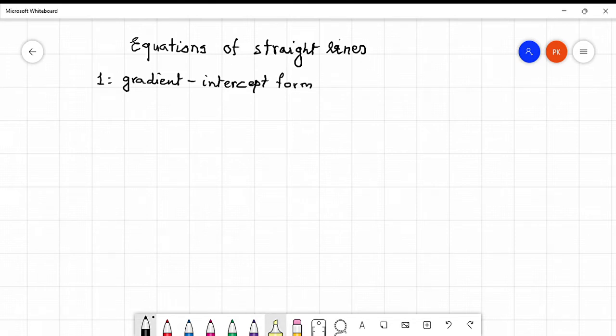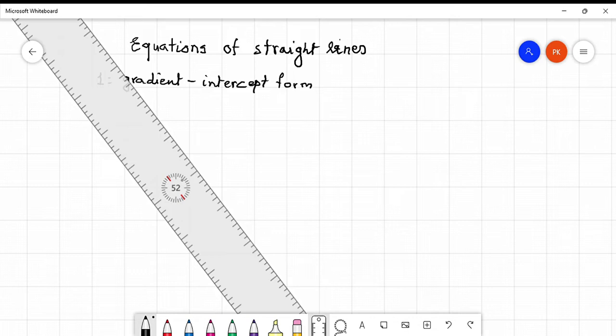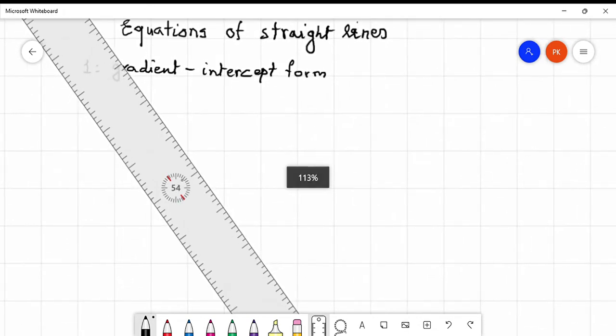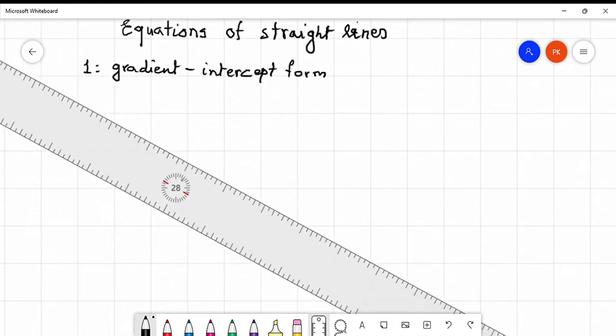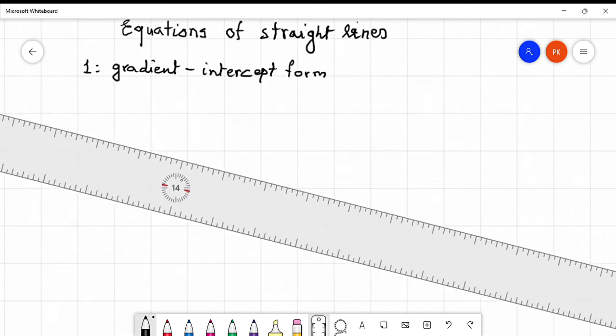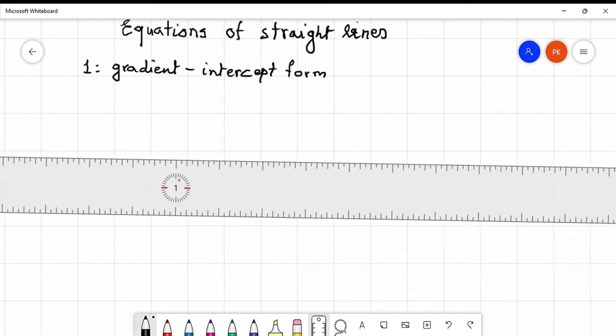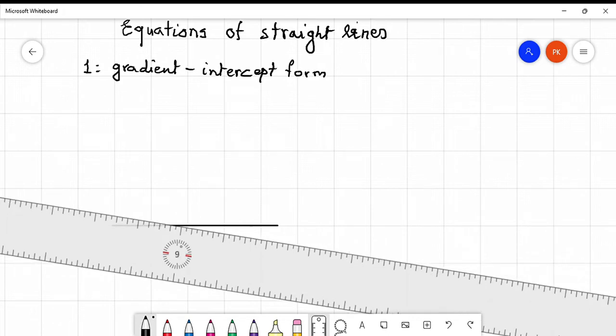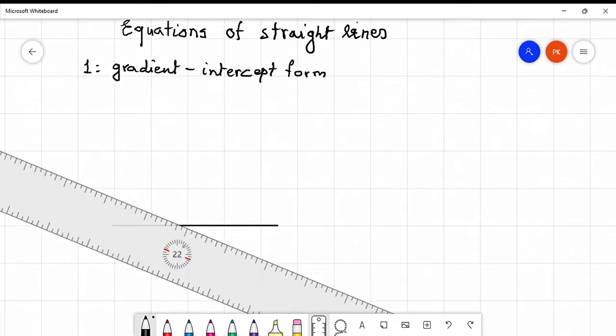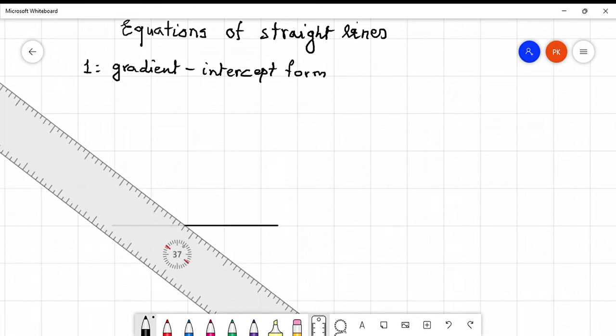So let us just draw a line here. I will draw the x and y axis and a straight line. So say this is the x axis here. Then this is the y axis.